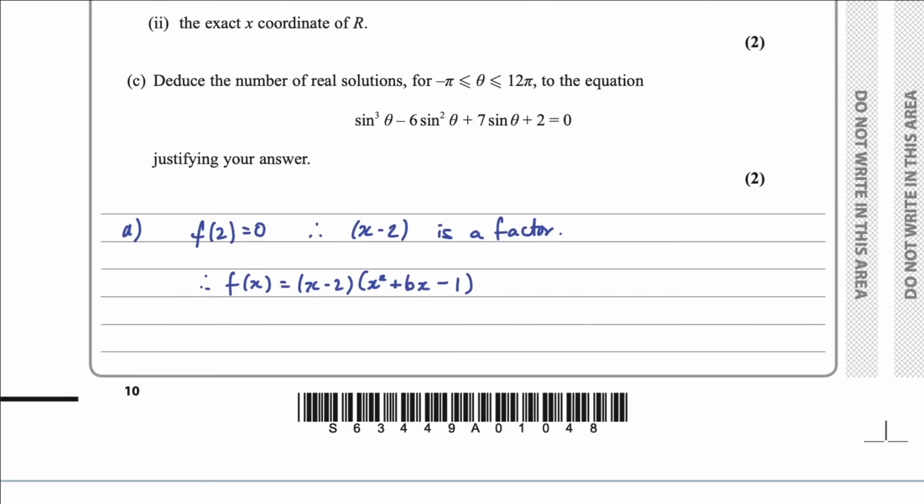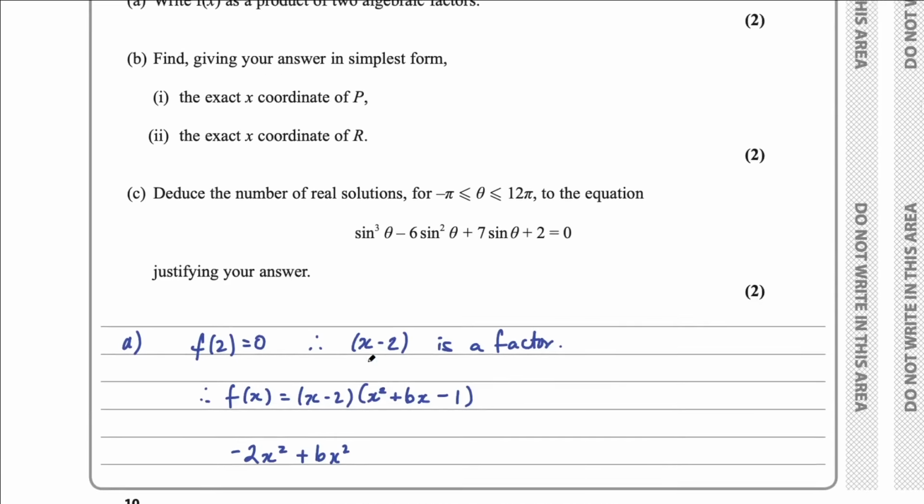Okay, so now we just need to find b. One way you can find b is to equate coefficients. Pretend you're expanding this out and look for the x squared term. What would turn into an x squared? It would be negative 2 times x squared, so we'd have negative 2x squared, and the other x squared term would be x times bx, so plus bx squared.